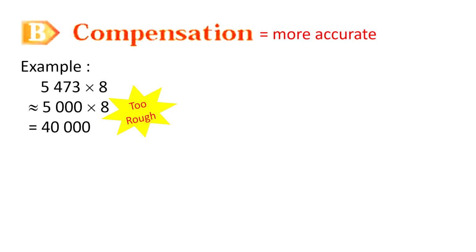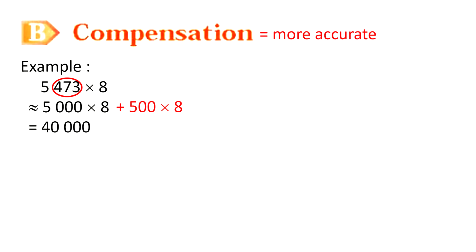I would like to have more accurate value. So we will consider a little bit more. Okay, consider this number 473. If we included this part, okay, 473 is close to 500. So we add something more.